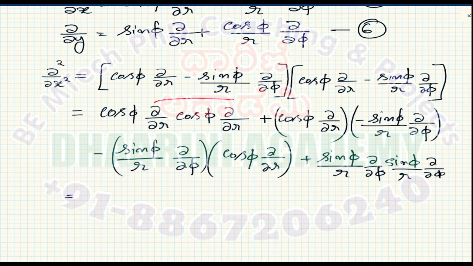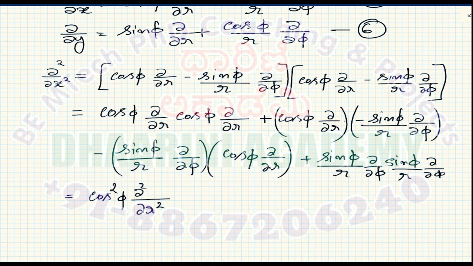We'll see one by one. So the first term, cos phi, is a constant with respect to r, so it goes out. dou by dou r into dou by dou r is dou square by dou r square. So my first term is cos square phi into dou square by dou r square.